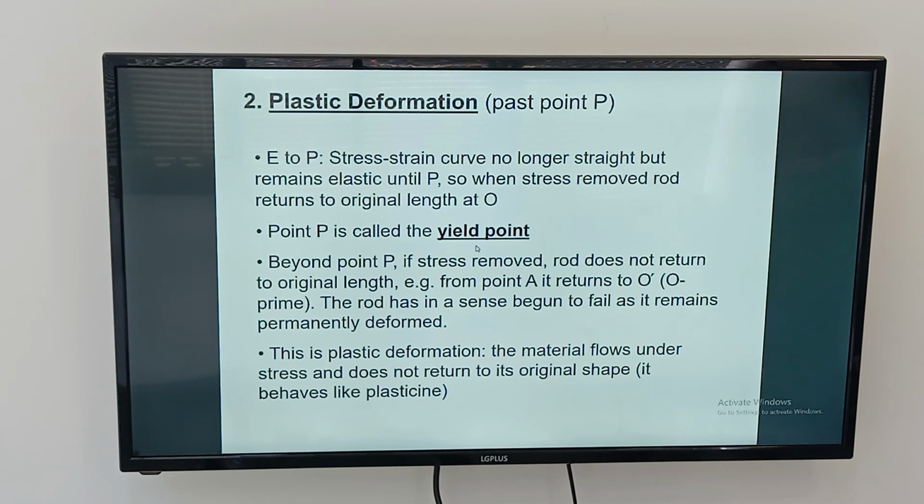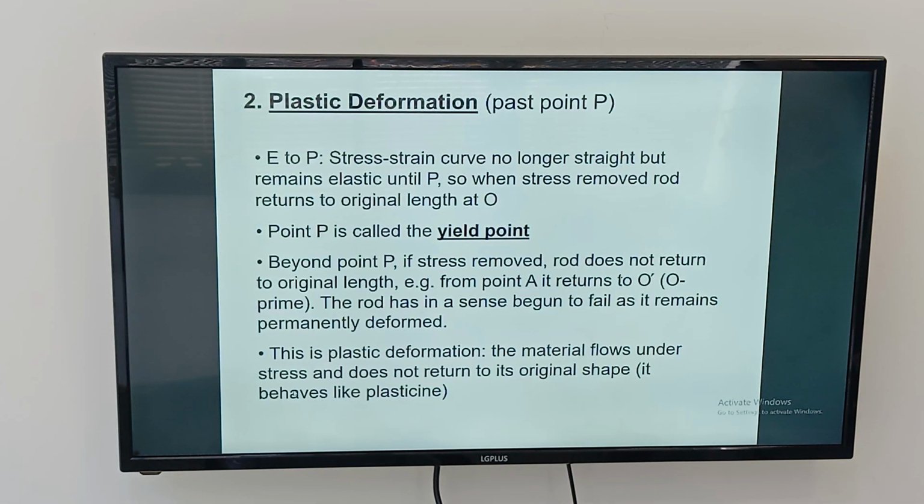Once the stress is applied past that point to that object, the object will not return to its original form once the stress is removed. It will be permanently damaged or permanently deformed. We call this plastic deformation.